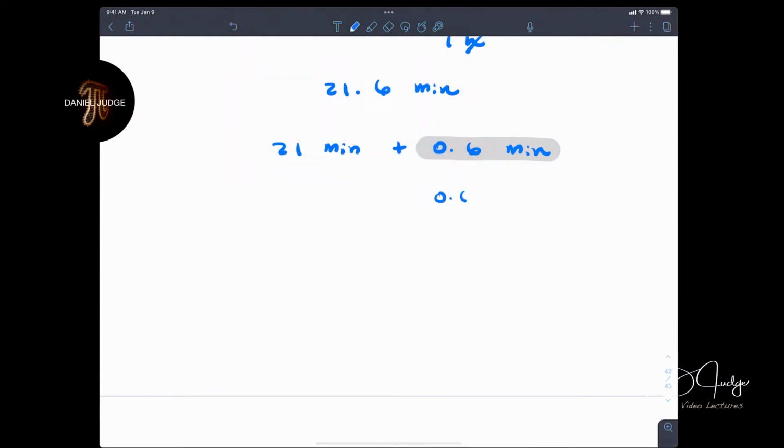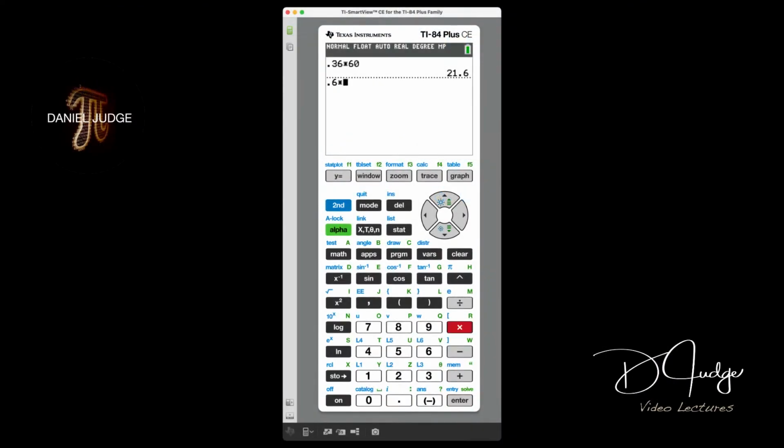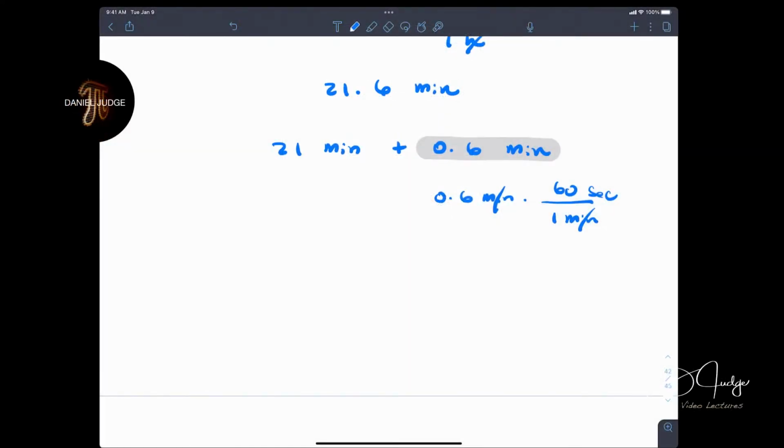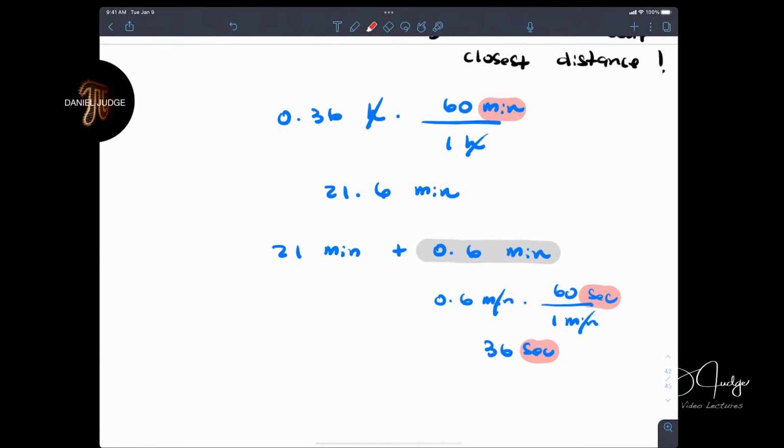You're going to take the 0.6 minutes, and you're going to remember that for every 1 minute, you have 60 seconds, so that your minutes cancel. And so if we multiply 0.6 times 60 now, you get 36, ladies and gentlemen, and that's 36 seconds, because these are my new units there. Just like up here, we're in minutes now when we converted.